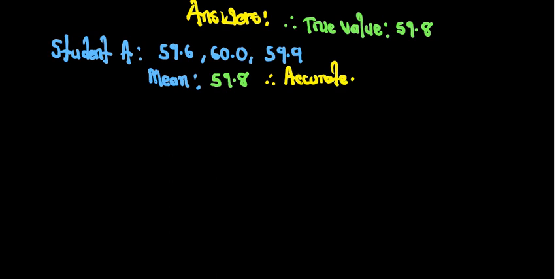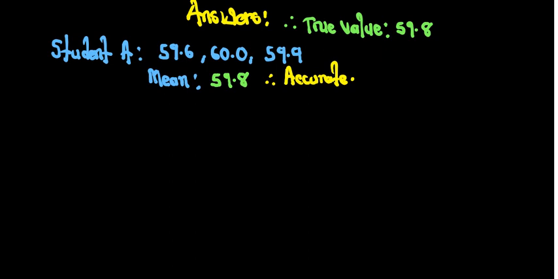To find precision, I said this is how close the numbers are to one another. So when you look at these numbers, 59.6, 60.0, 59.9, were they really close to one another? Let's find the difference. 60.0 minus 59.6 gives a value of 0.4. And 60.0 minus 59.9 gives a difference of 0.1. So the differences between these numbers are less than 0.5.